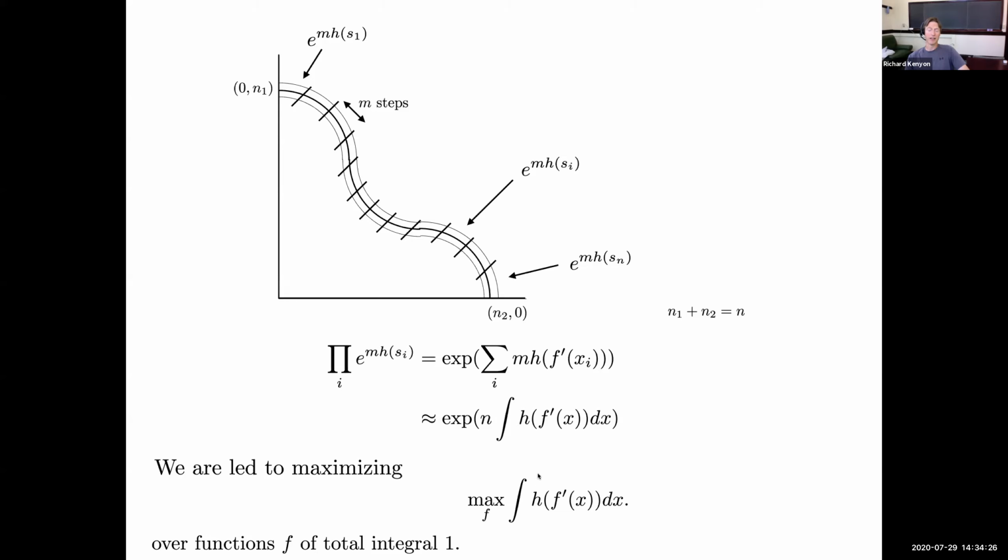By the concavity of the function h, there's in fact a unique maximizer of this function, because if you had two different maximizers, f1 and f2, you could just take their average, and that would give you an even larger one by the concavity of h.